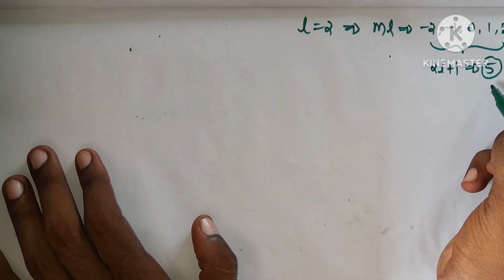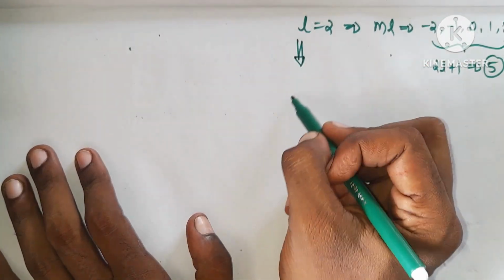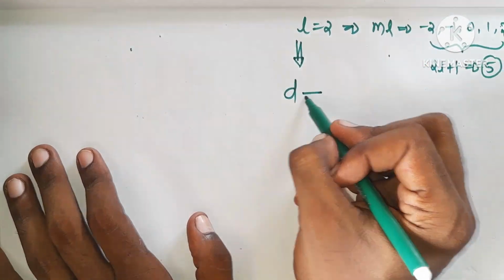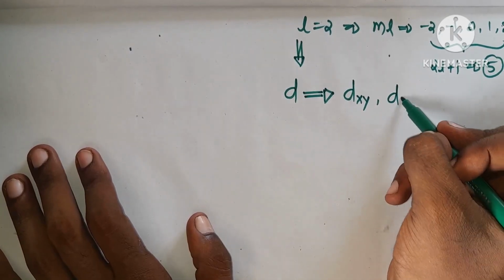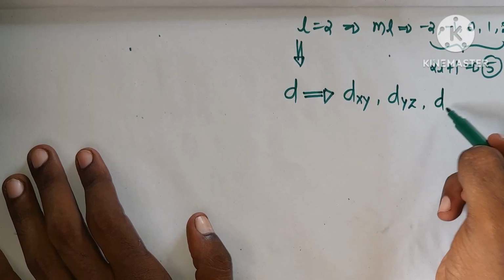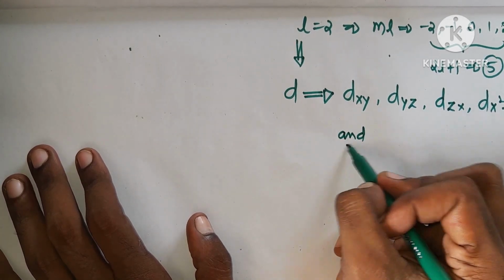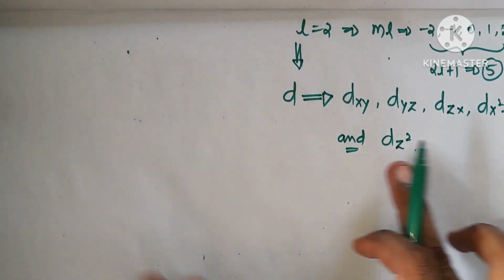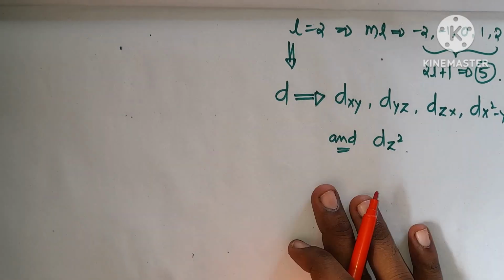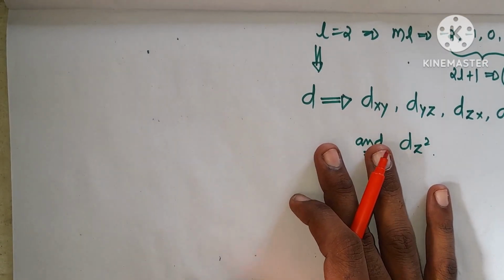So these 5 values denote L is equal to 2, that is d orbital, and it has dxy, dyz, dzx, dx square minus y square, and dz square. There are totally 5 possibilities for d orbital. So coming back to the answer, the significance of magnetic quantum number.